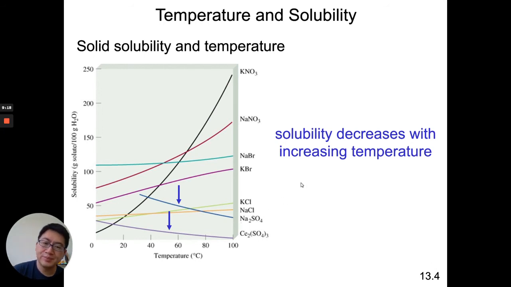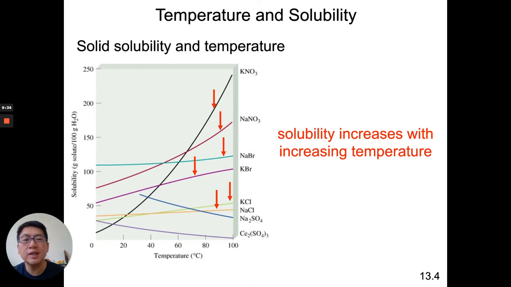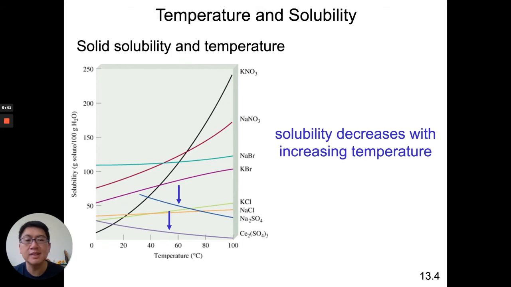Okay, so these are not common, but it happens, okay? In general, though, if you had to take a bet, will you dissolve more or less as you increase temperature? More things will increase solubility as you increase temperature, but that's not the case for all substances. There are some substances that decrease solubility with increasing temperature.